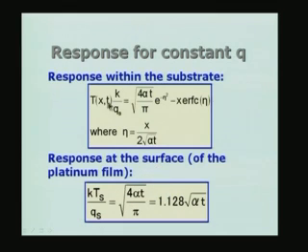So, T x t multiplied by k by qs, where k is the thermal conductivity of the substrate material, qs is the surface heat flux input at the surface, is equal to square root of 4 alpha t by pi, where alpha is the thermal diffusivity of the substrate material, e to the power of minus eta squared, where eta is x by 2 root alpha t is a non-dimensional variable.